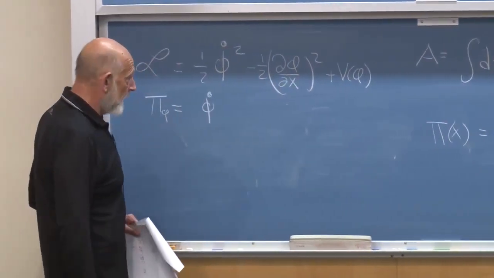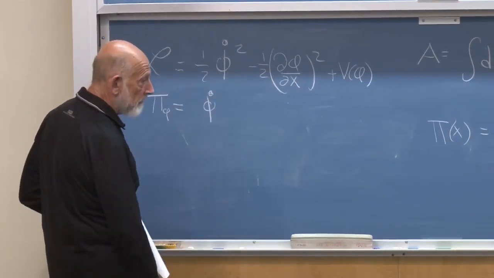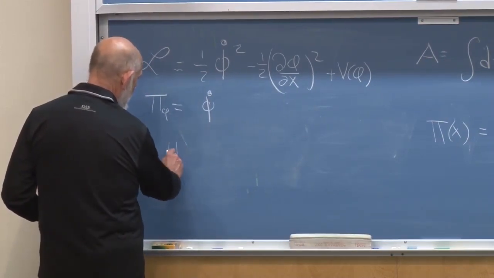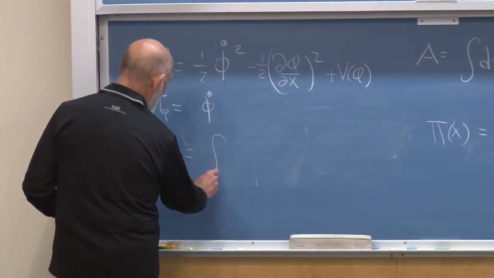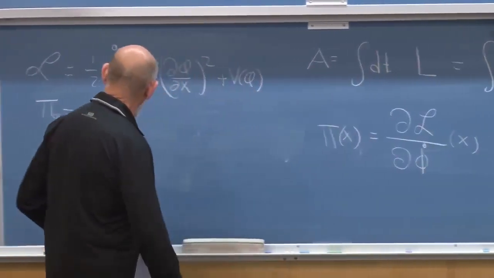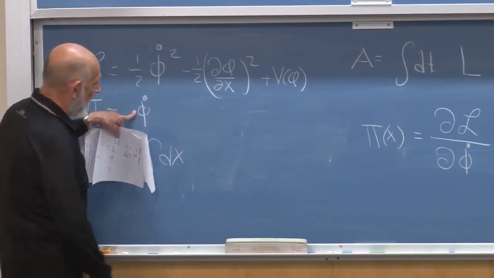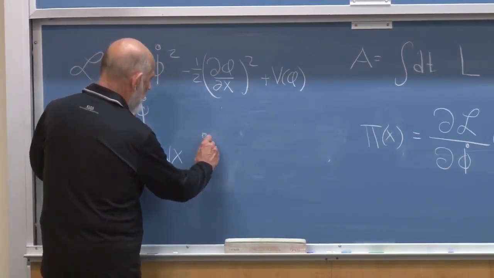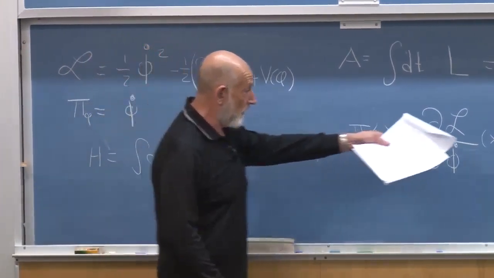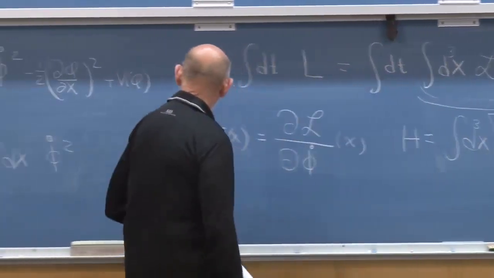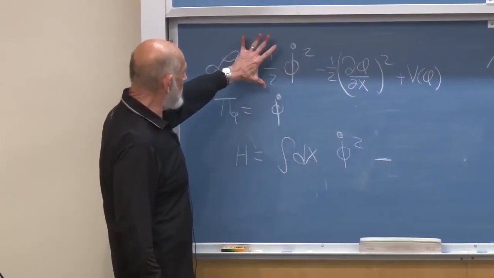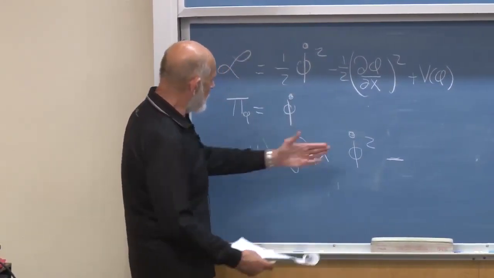Now let's work out the Hamiltonian, or the energy. The energy is integral dx of pi sub phi times phi dot. Pi sub phi is phi dot, so there's phi dot squared. Then there's minus the Lagrangian. Here's the Lagrange density, so that we can just read it off.